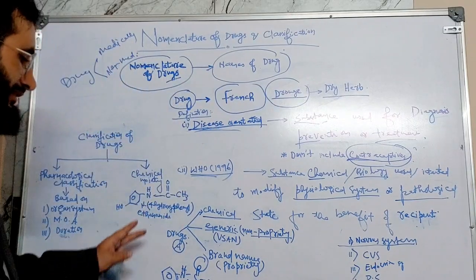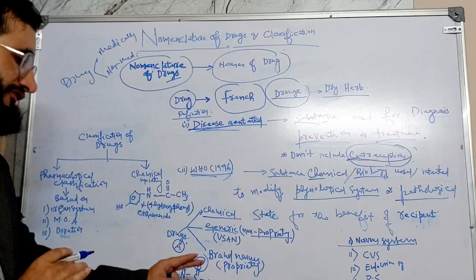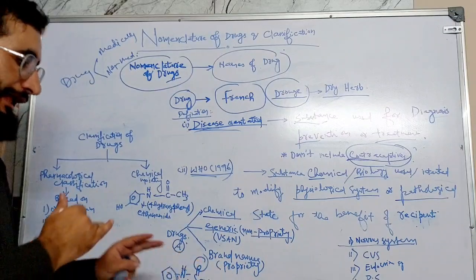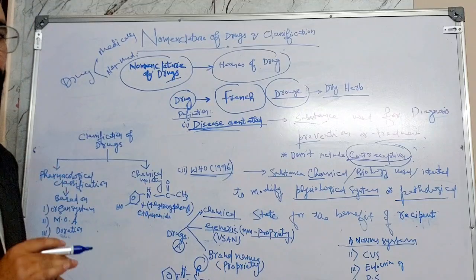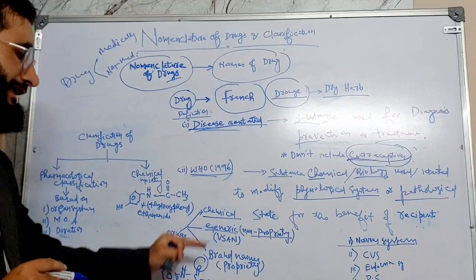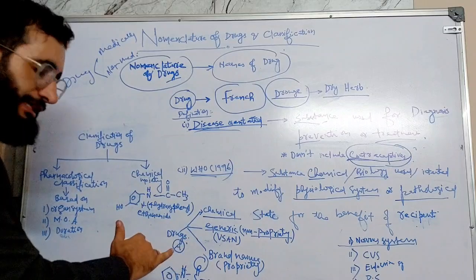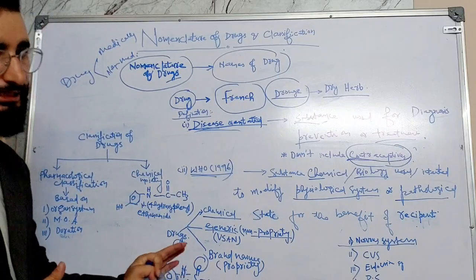So this is the chemical name, N-(4-hydroxyphenyl)ethanamide. And this chemical shows antipyretic property. This is the chemical name of the substance.